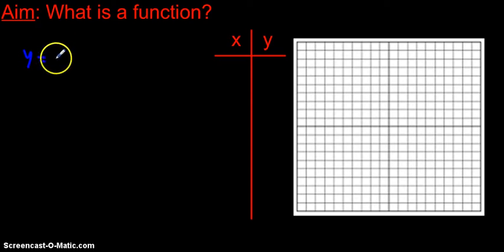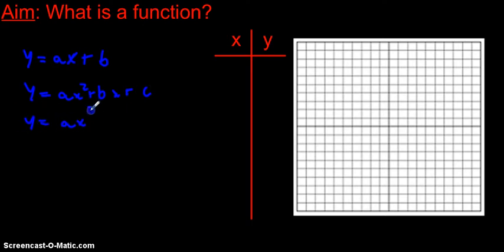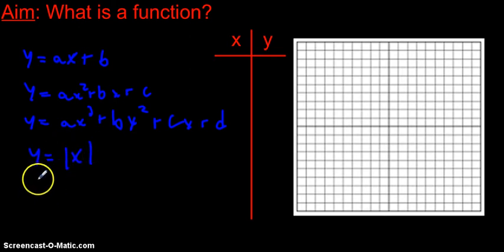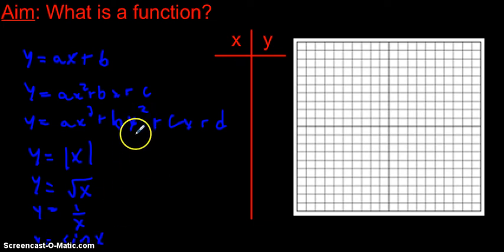Y equals ax plus b, any linear function, any parabola, any cubic function, pretty much any polynomial function, the absolute value function, the square root function, the hyperbolic functions, so the hyperbola, trigonometric functions. Alright, so all of those pass the vertical line test.